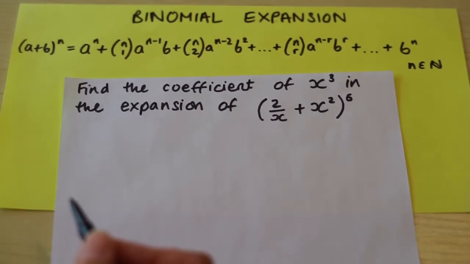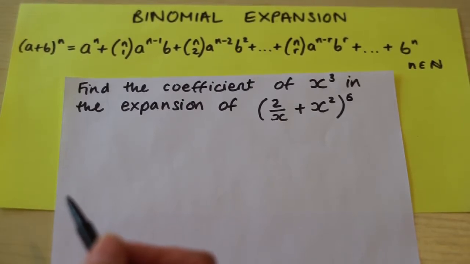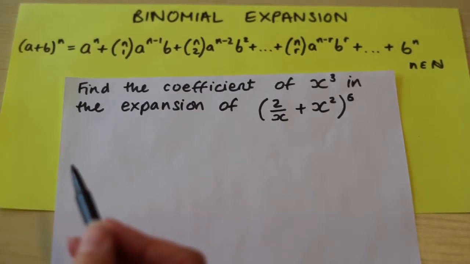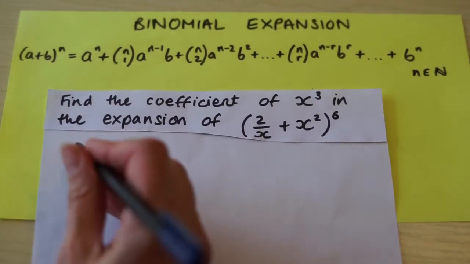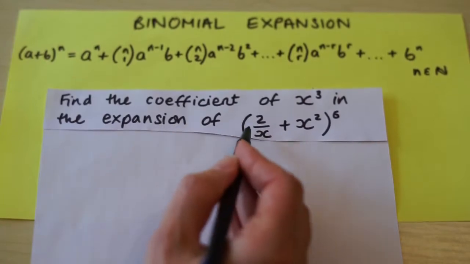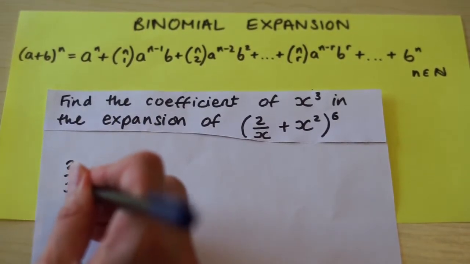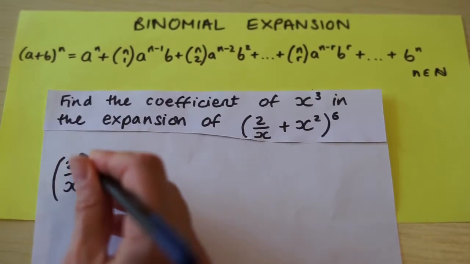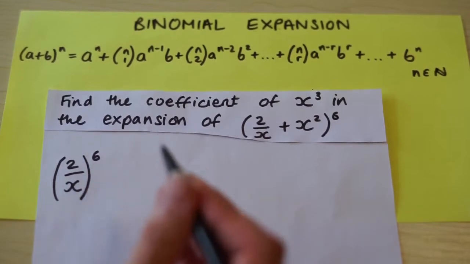Okay, so let's use the binomial expansion in the same way as we always have done and apply it to this question. To expand this, we take the a term, which is 2 over x, and we'll raise it to the bracket's power, which is 6.